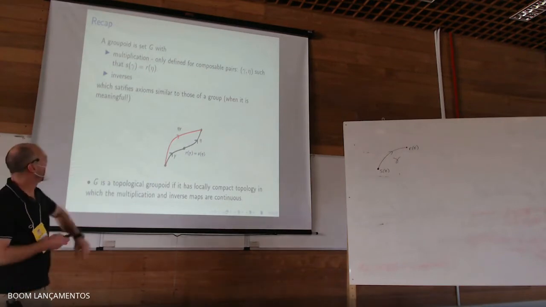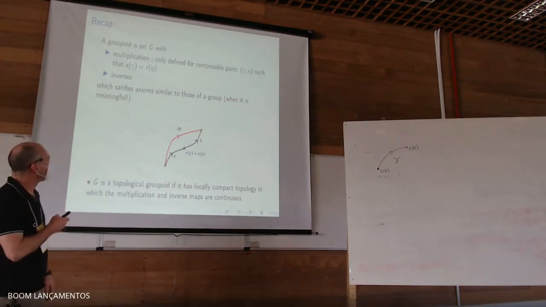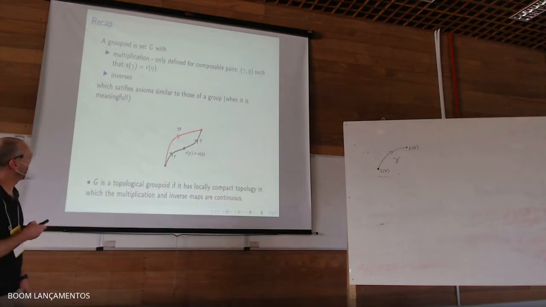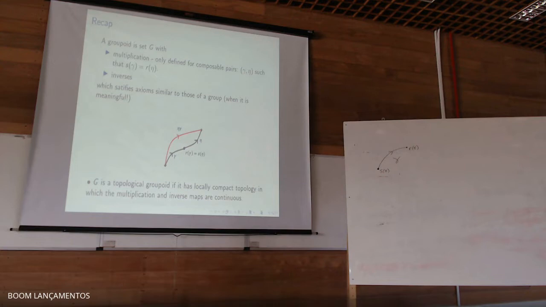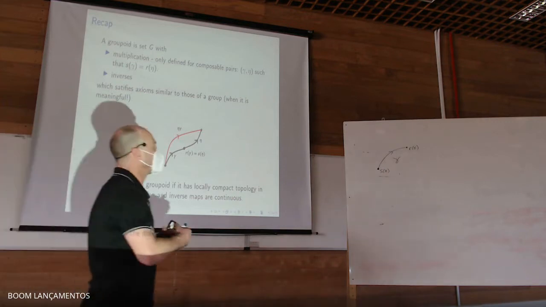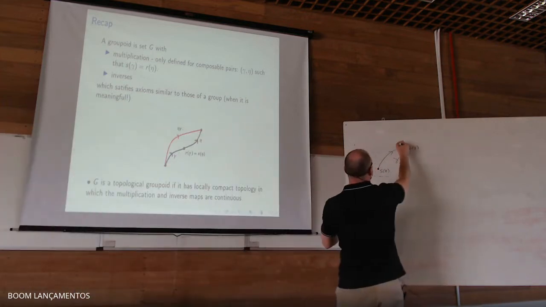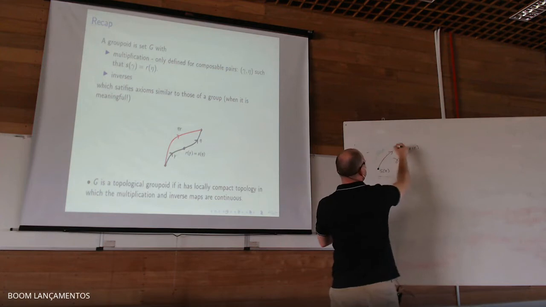To be able to compose eta and gamma in that order, we need the range of gamma to be equal to the source of eta. And of course, we also need the idea of an inverse. So if this is gamma, then the inverse of gamma would be the same arrow, just in the opposite direction.